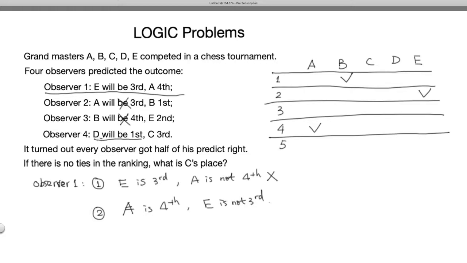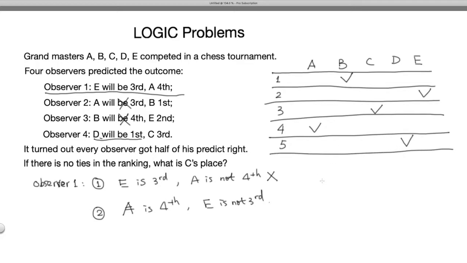Here, C will be third. Do we have anyone third? No. But D will be first cannot be right, because from observer 2, B is first. So D will not be first. That means C will be third. And from that, even though we did not say anything about D, D can only be fifth.